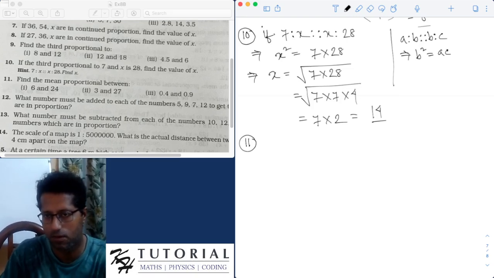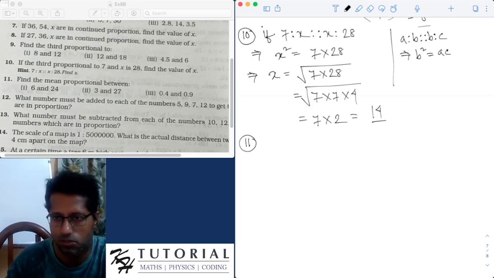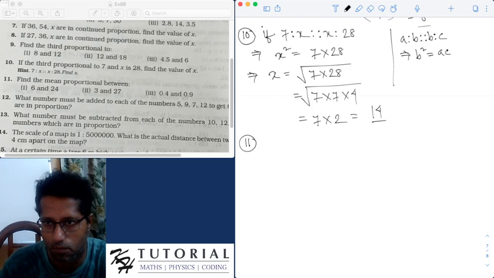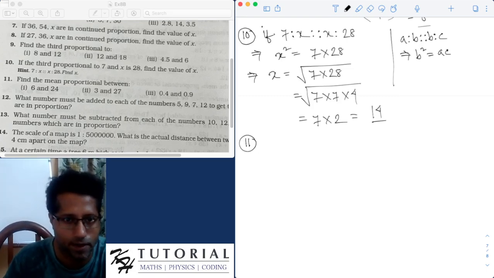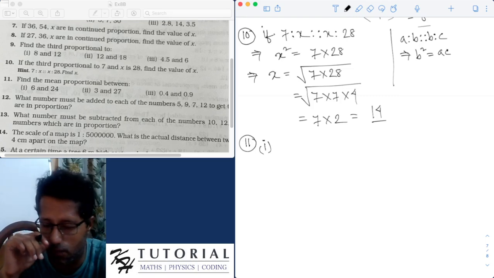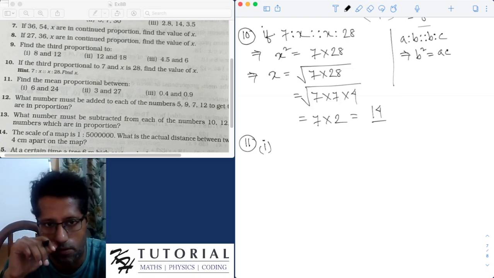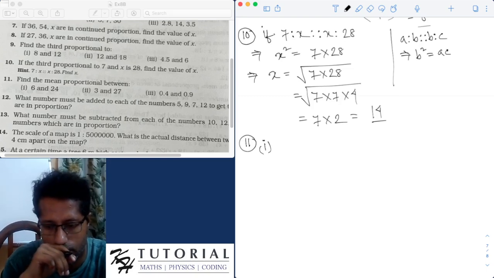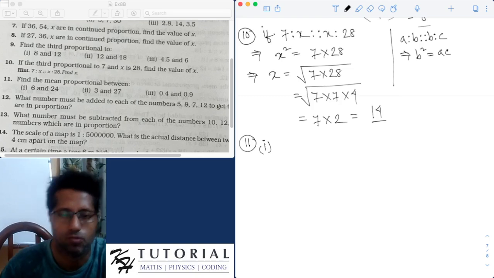So if A, B, C are in continued proportion, then the mean proportional is B. So we have to find B. It will always ask to find the mean proportional between two given numbers.